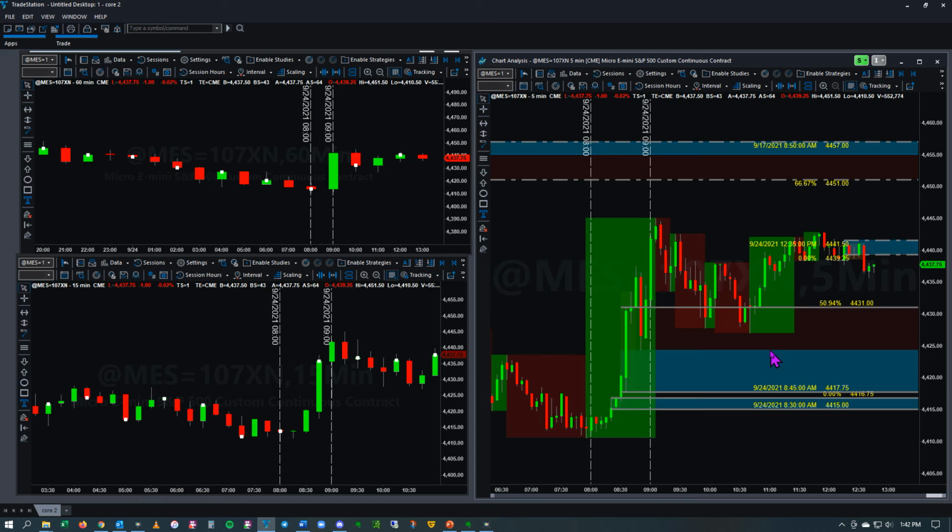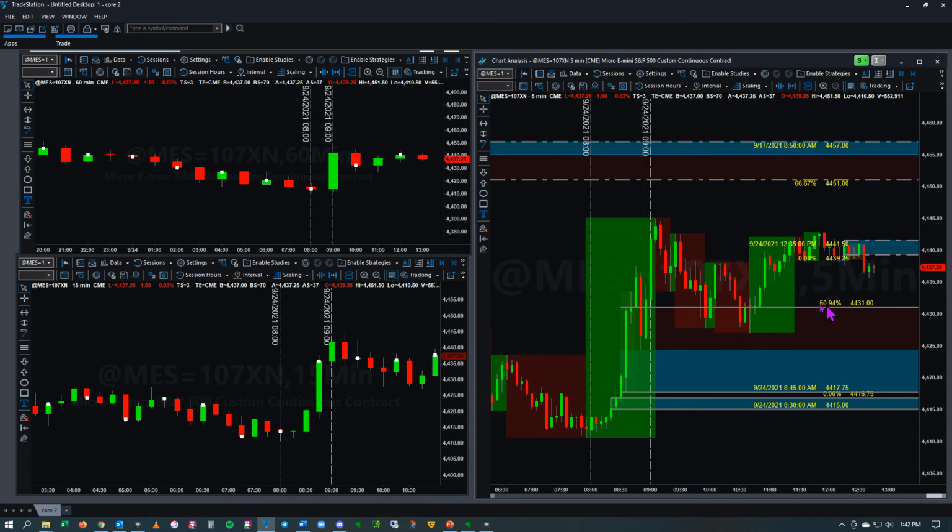What it's doing is it helps you find supply and demand by looking at the ATR of the prior 14 candles. We have a default setting for the strength of the leg in and the leg out candles, and then the zones are drawn on the charts accordingly.